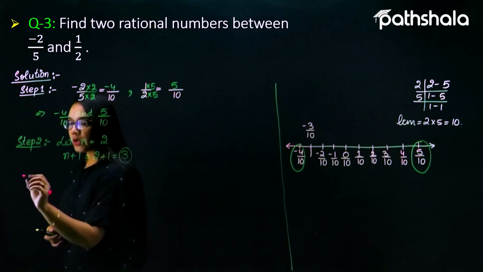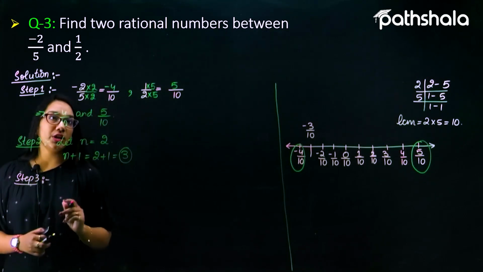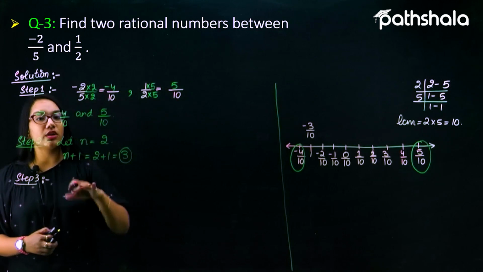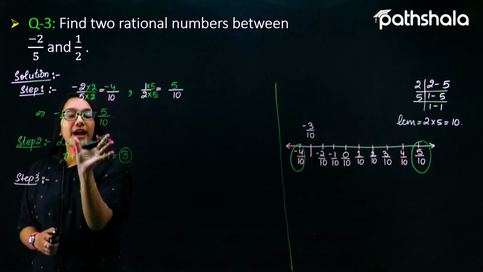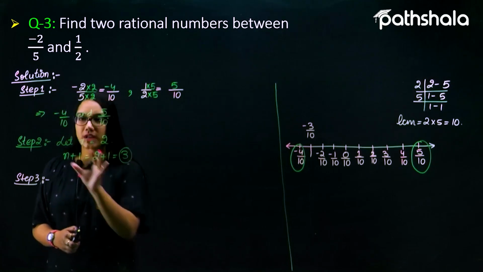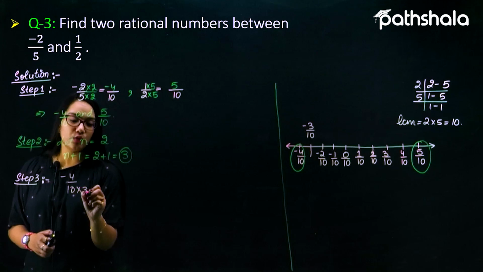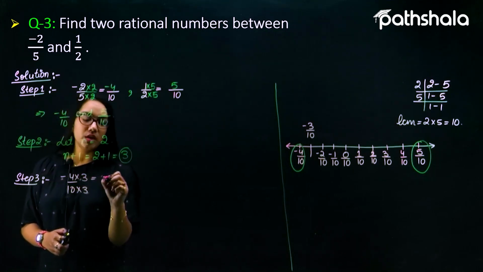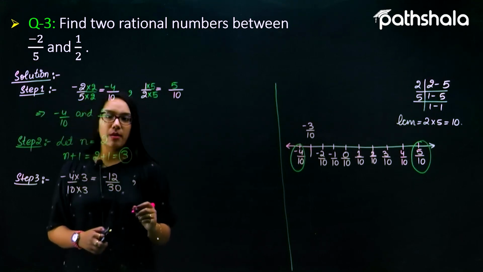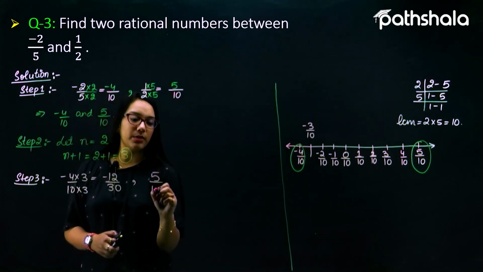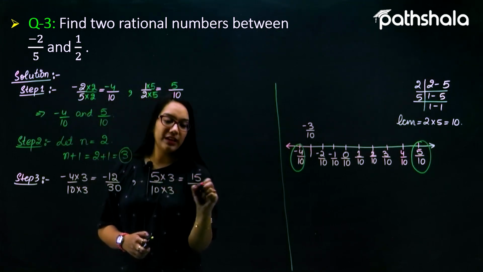So step number 3 is to multiply by 3 in the numerator as well as in the denominator, so that you get the desired rational numbers. Taking -4/10 and multiplying by 3 in the numerator and denominator gives -12/30. The second rational number is 5/10, multiplied by 3 in the numerator and denominator, which is 15/30.